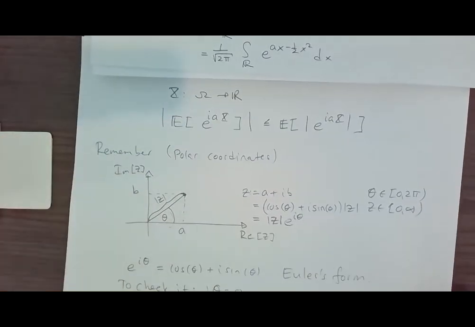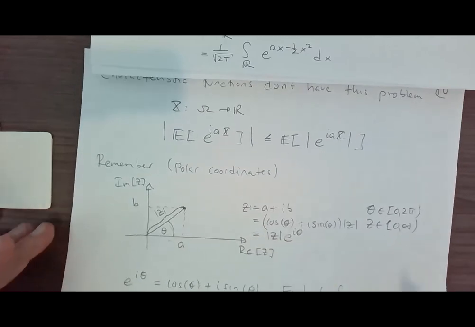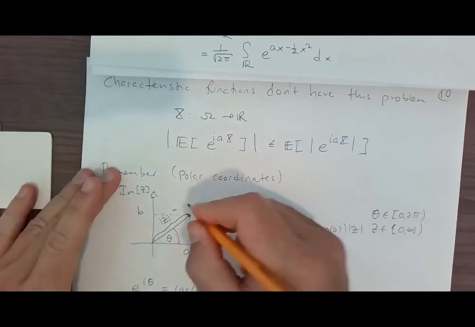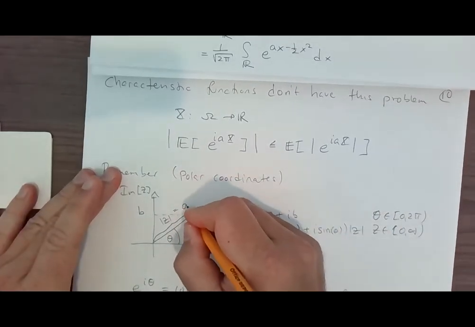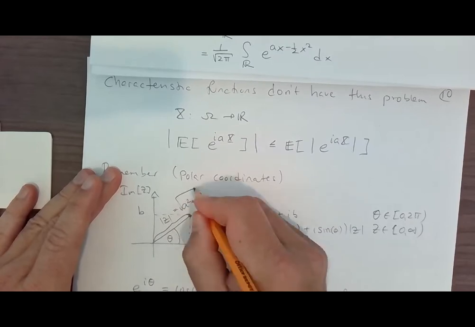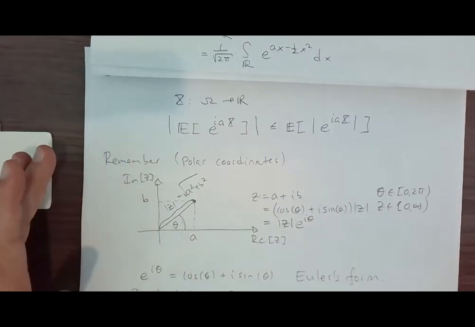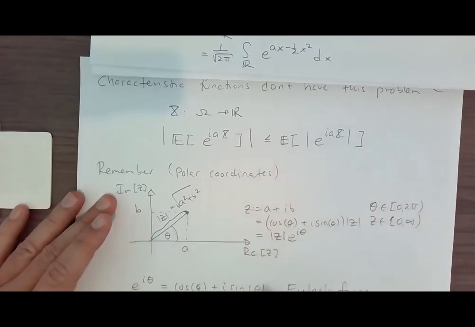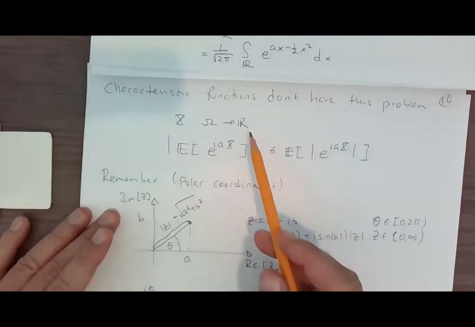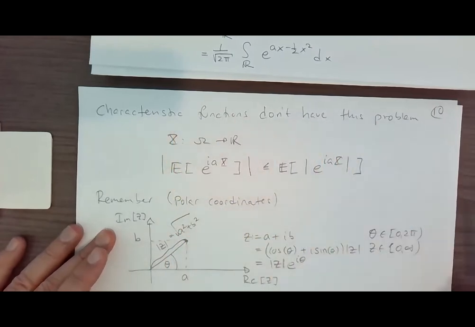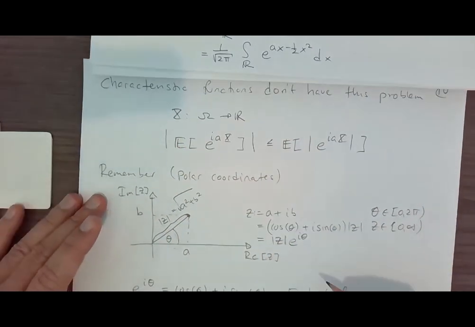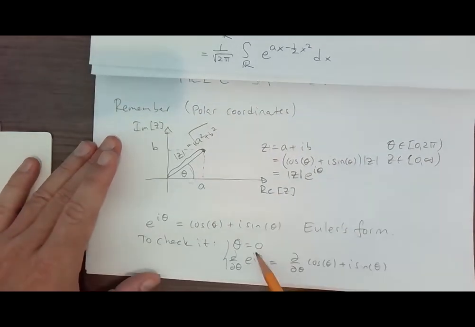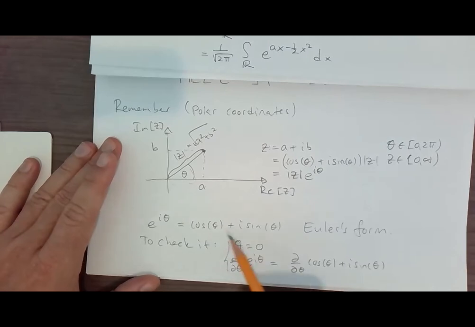So that's Euler's form. And one thing that you can see is the length here, this is going to be equal to the square root of a squared plus b squared. And what does all that stuff down here have to do with the problem that I'm mentioning for characteristic functions? Well, it's the fact that the length of such a vector, what is it going to be?